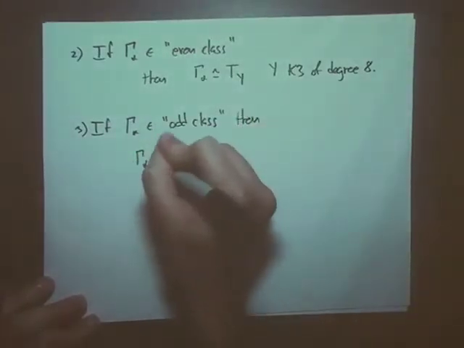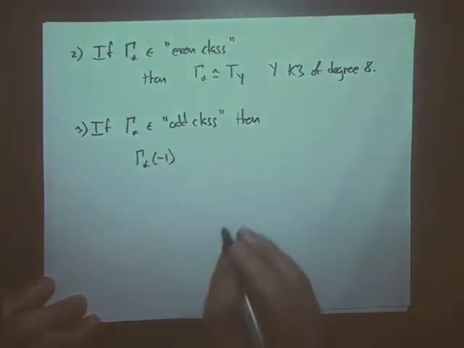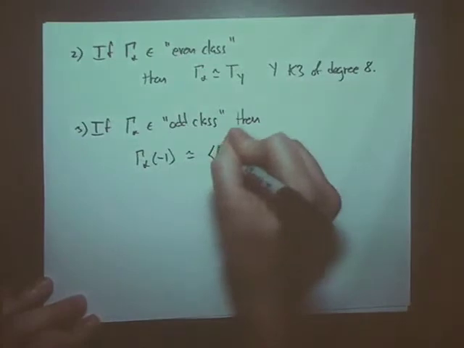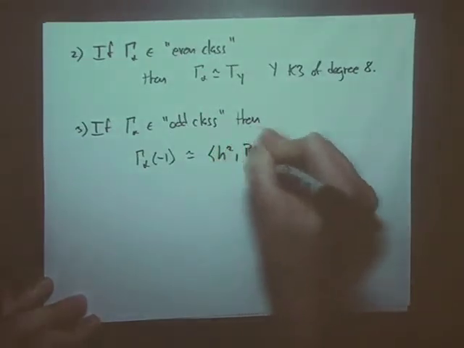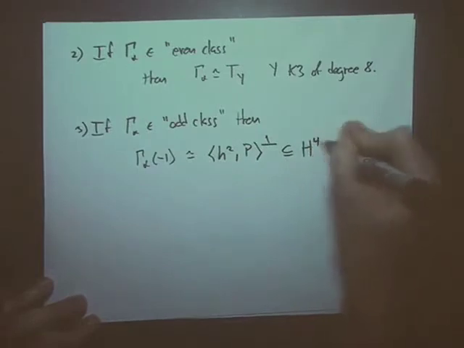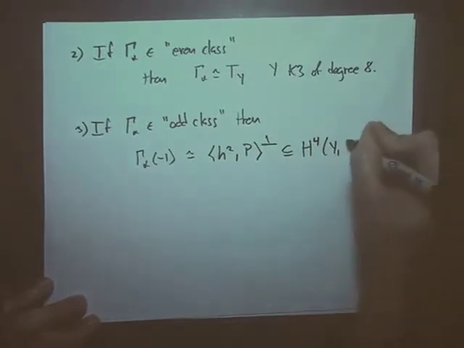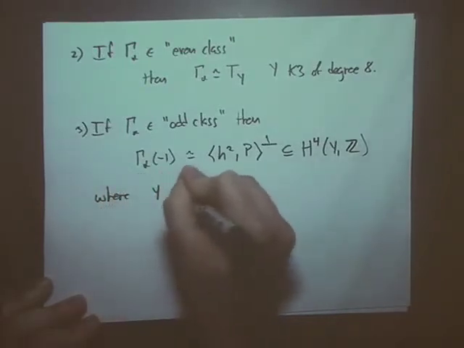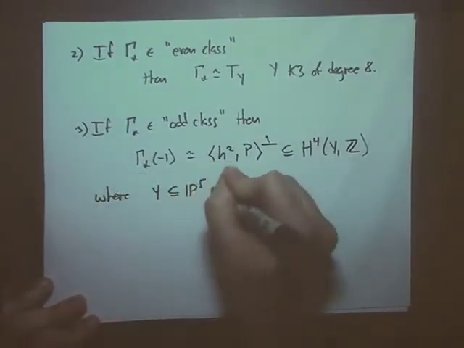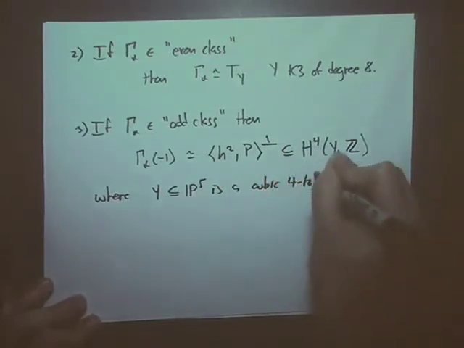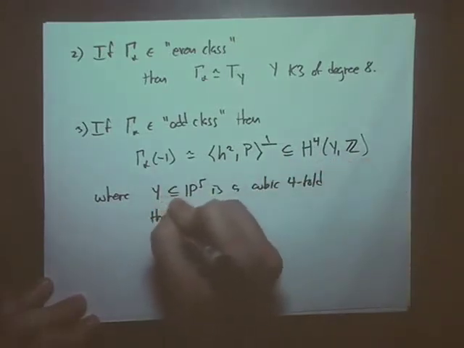I might have to take care of a sign there, some weights, and this is going to be the transcendental cohomology of a cubic fourfold that contains a plane. So let me write this down. y in P5 is a cubic fourfold that contains a plane P.